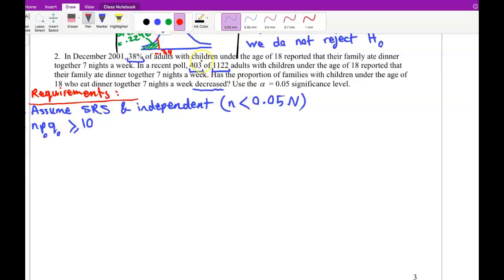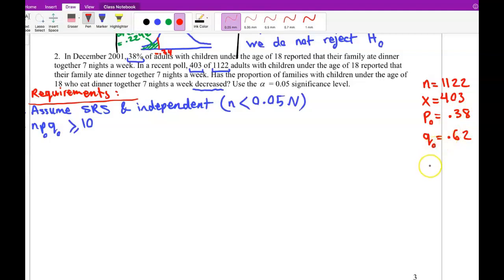Okay, what was given here? We had n equal to 1122. Then x was this one, 403. P is 38%, so 0.38. And q is 1 minus p0, so 1 minus 0.38 is 0.62.